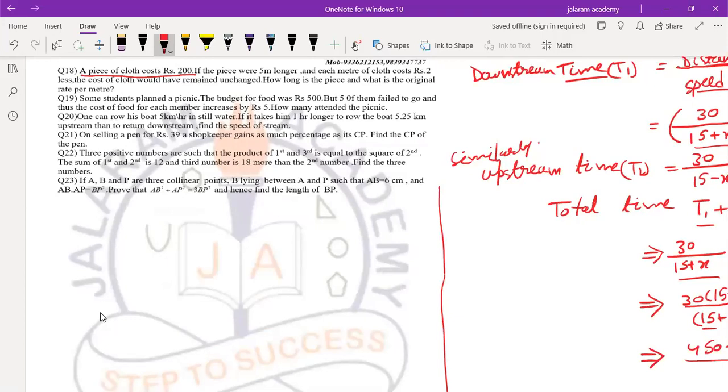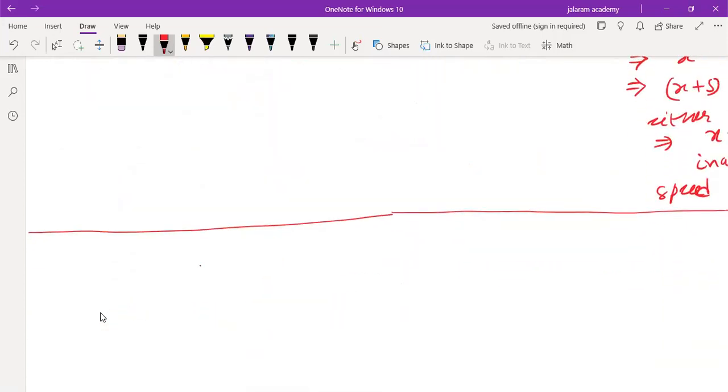If the piece were 5 meter longer, and each meter of cloth cost rupees 2 less, the cost of cloth would have remained unchanged.